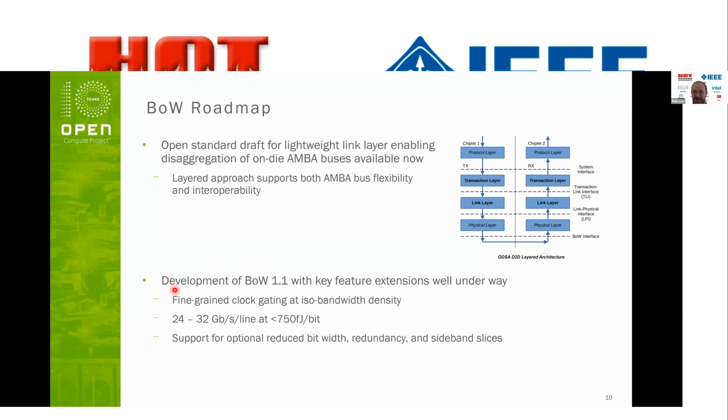Furthermore, the development of a revised version of the Bunch of Wires specification, where the primary target is to add a few key feature extensions to enable certain targeted applications beyond the original spec, is very much well underway. We have some new schemes being written into the standard for how to do fine-grained clock gating without influencing or impacting the bandwidth density at all.